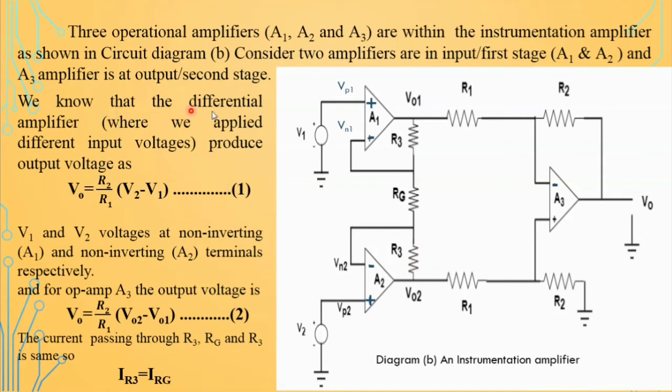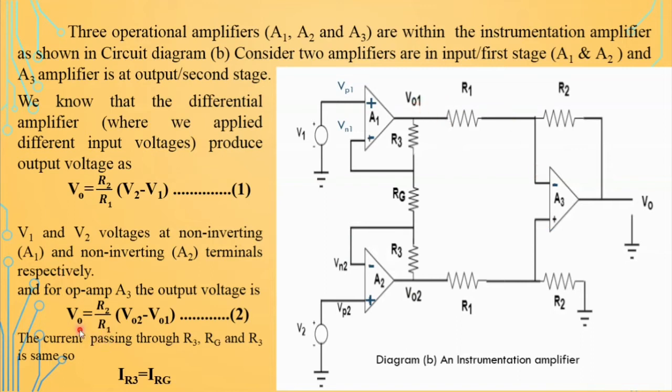Whatever current is going in this side is the same current. We know that the differential amplifier produces the output voltage Vout equal to R2 divided by R1 times (V2 minus V1). This is our equation 1. For op-amp A3, the output voltage Vout is equal to R2 divided by R1 times VO2 minus VO1, where VO2 voltage is going this way and VO1 voltage is going this way.